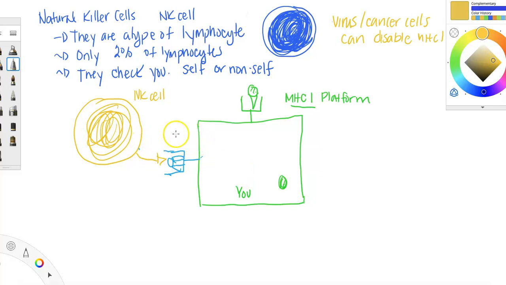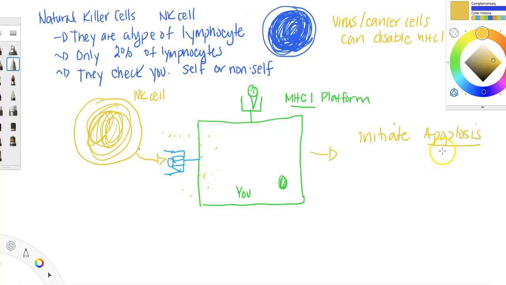So basically what it does is it sort of sprinkles chemicals on here, and it will cause this cell to go through, it will initiate a process called apoptosis.